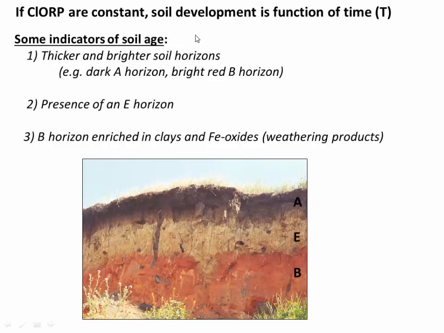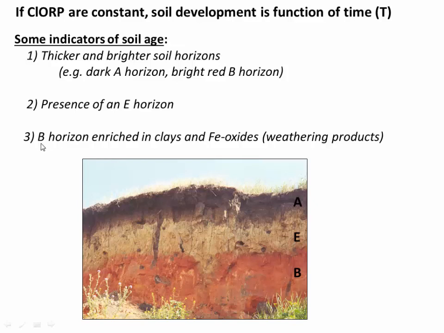And so what are some of these indicators of soil age or time? Well, over time, we get thicker and brighter soil horizons, okay? For example, a dark A horizon or a bright red B horizon as more iron oxides accumulate in it. We may develop the presence of an E horizon as material is leached out of that E and it starts to take on this whitish color.